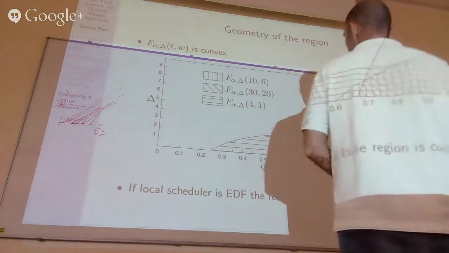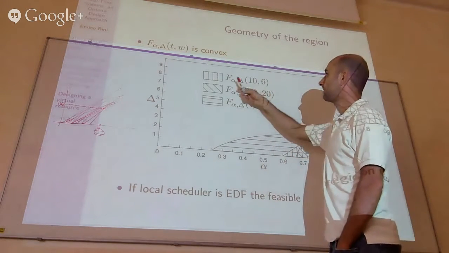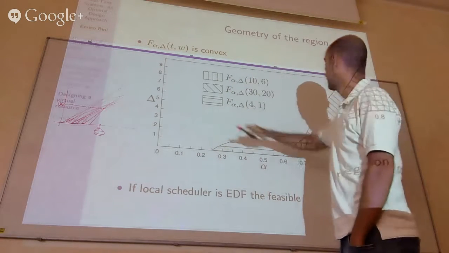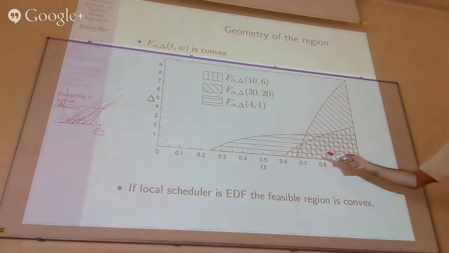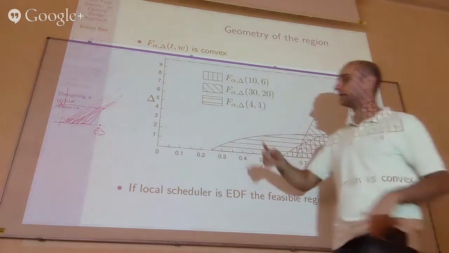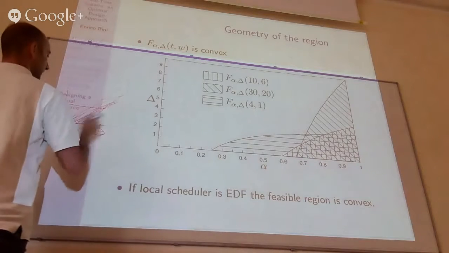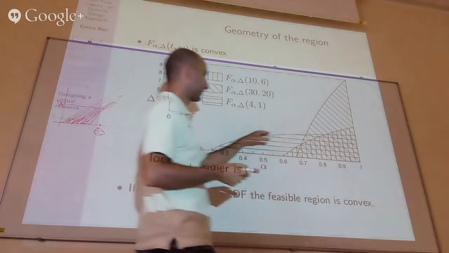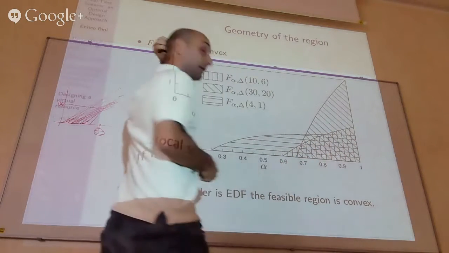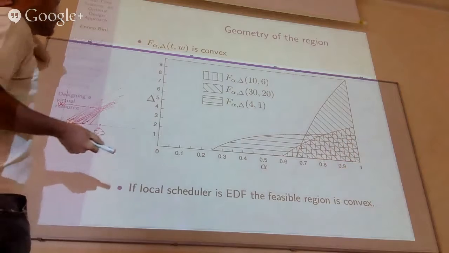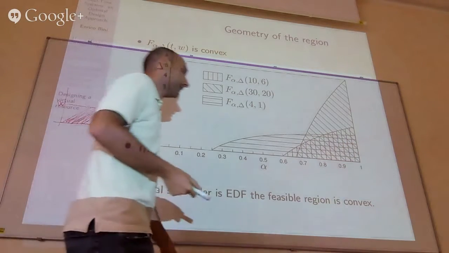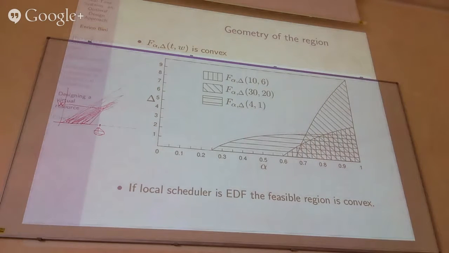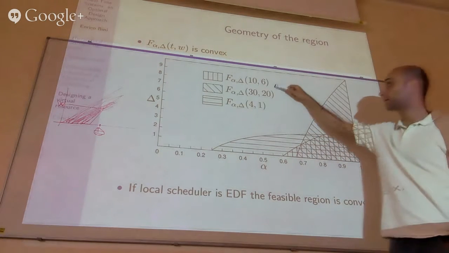What is the geometry of some of f alpha delta of some pairs? Is this just in the plane of alpha and delta? Basically, this kind of game produces this sort of shape, which is convex. For EDF, you have to make the intersection of many of these regions.